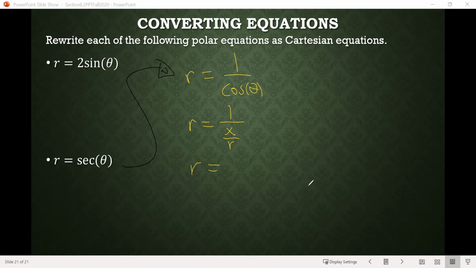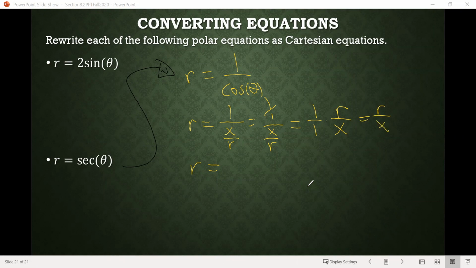which means we're doing 1 over 1 divided by x over r, which we know means we're dividing with fractions. So we keep the first fraction as 1 over 1 times the second fraction flipped, so instead of x over r, it becomes r over x. And we multiply straight across, we end up with r over x.